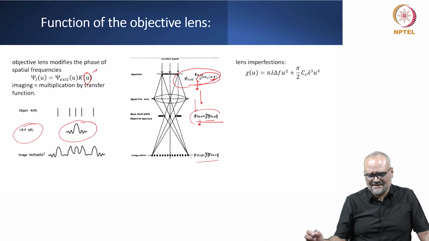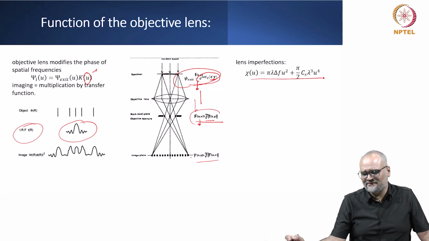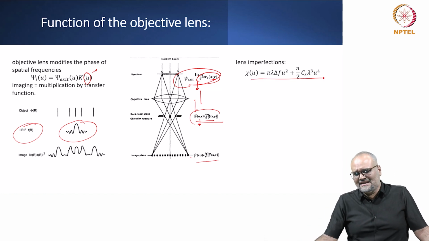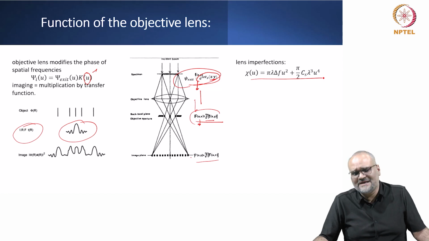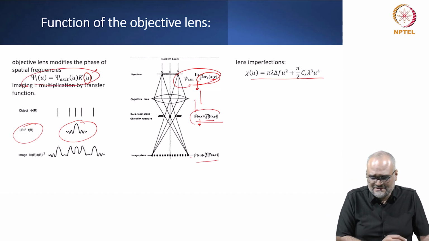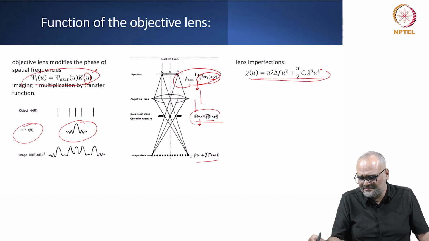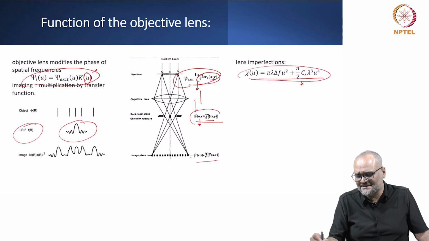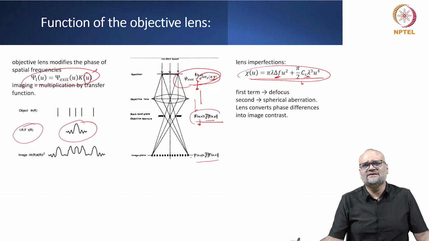So the other term was the lens imperfections. If I look at the lens imperfections in terms of the spatial frequencies, the image function looks like this, and the lens imperfections are represented by this term, and this accounts for the defocus as well as the spherical aberration.